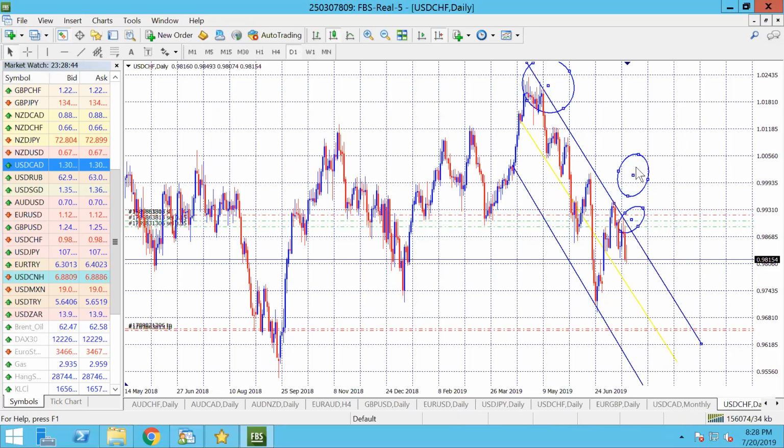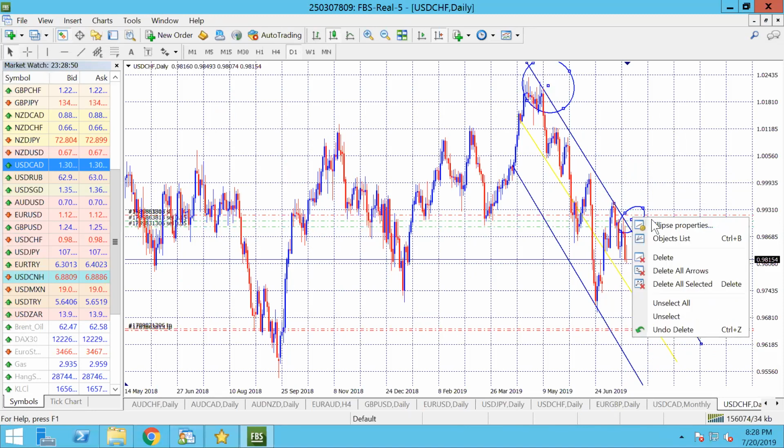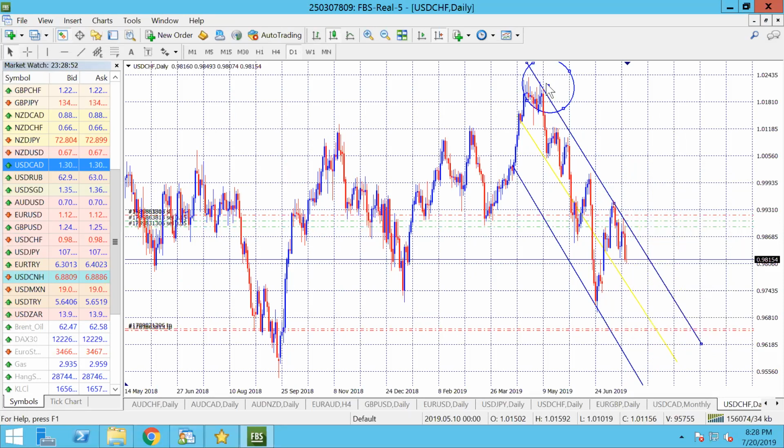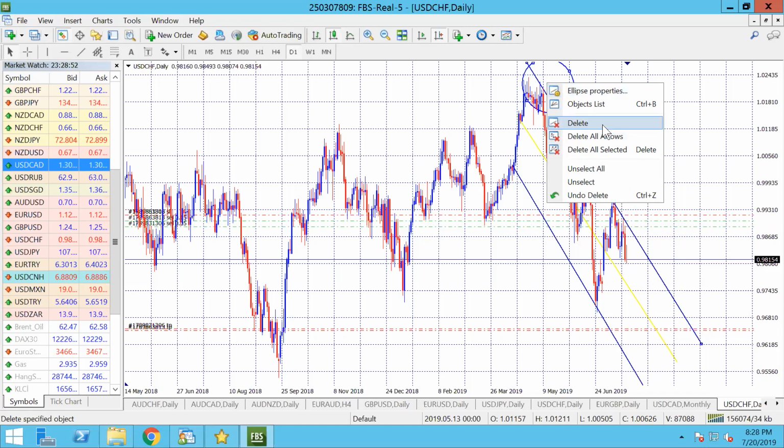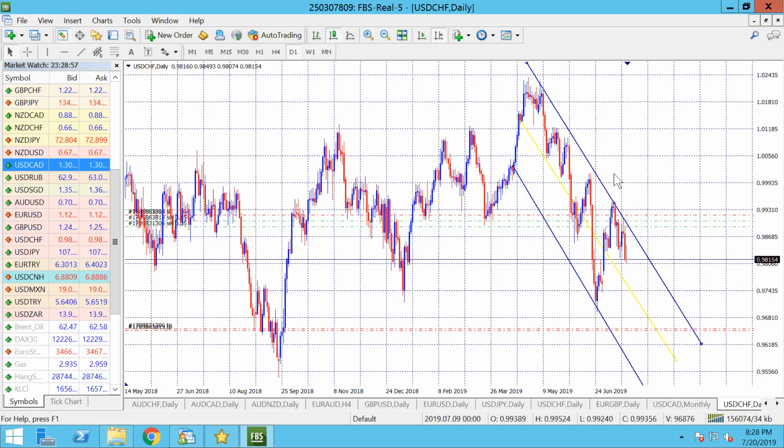Oh no, not here. I'm going to take this one out. Yes, I'm going to delete all these things here. So the reason why I'm holding this trade, as you can see, there is a high probability, or a low probability, that after this area the market might just go down and repeat the same thing it did here.